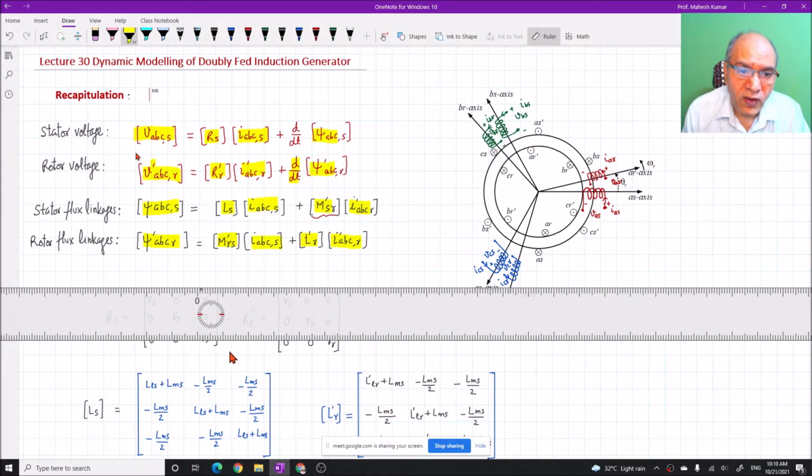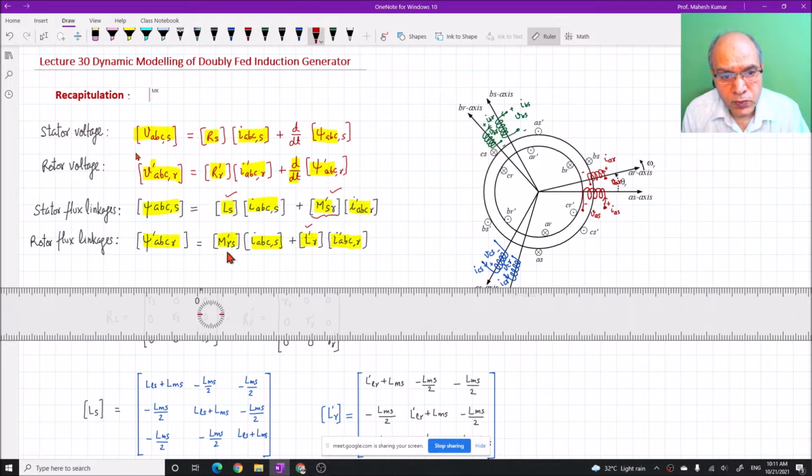And we also found the expressions for L_s and M_sr prime, because L_r prime will be similar to L_s.